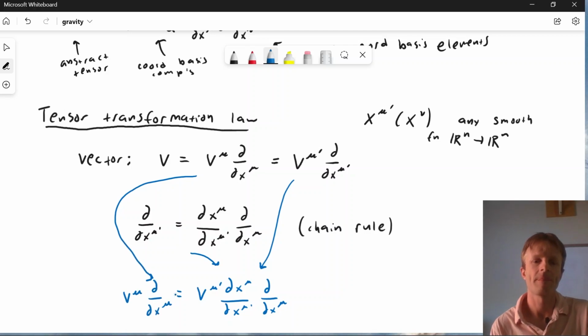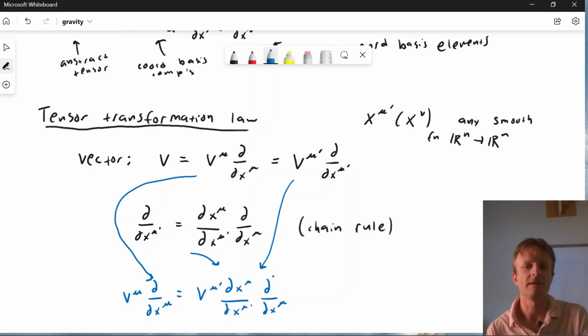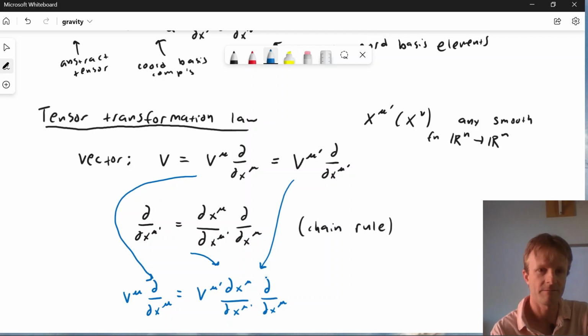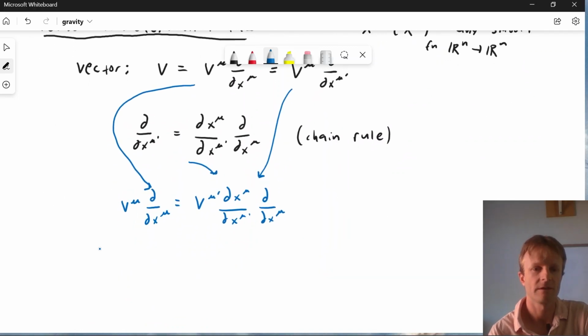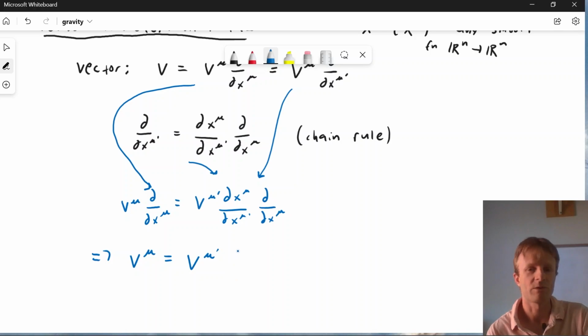And then these partial derivatives, the basis vectors, they're a basis, so they're linearly independent. So we can peel them off. And this implies that v mu, so I did get the inverse transformation, doesn't matter, we can interchange primes and unprimes.